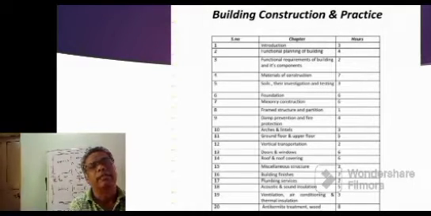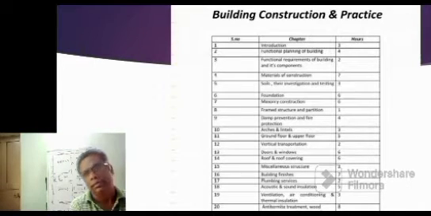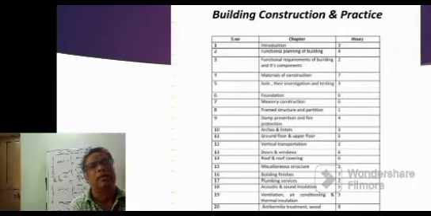Then it is acoustic and sound insulation. Definitely if it is an office building, then some acoustic insulation is to be done, or maybe a dormitory, or maybe an auditorium where acoustic insulation has to be done. All these things will be discussed here.